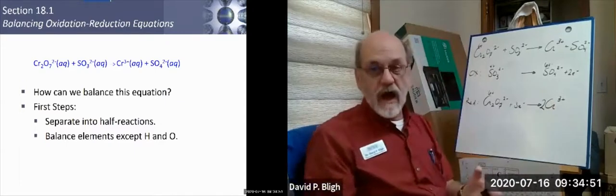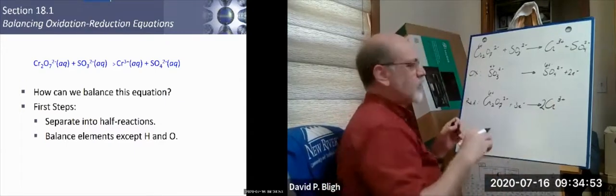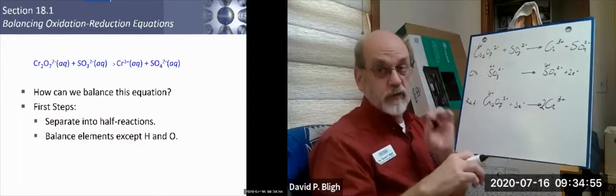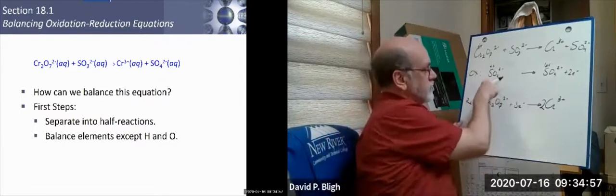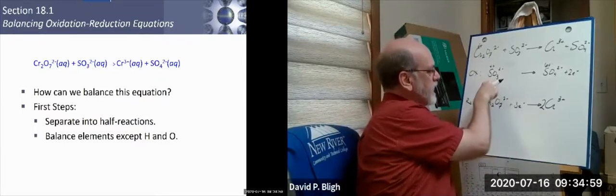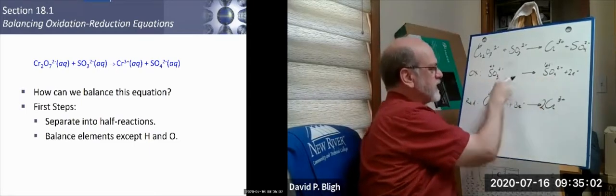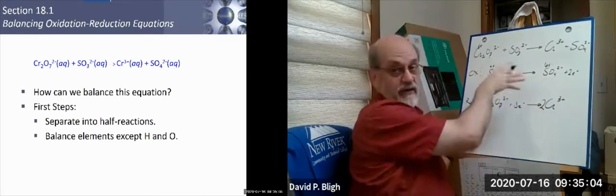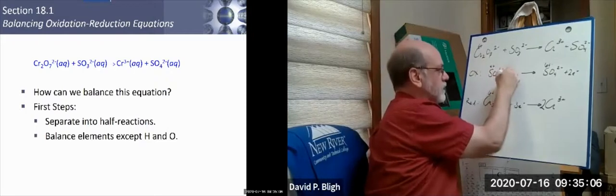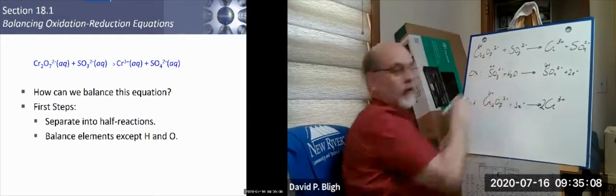Now we can go to the oxygens. So we balance oxygens first with water. So if we have 3 oxygens here and 4 there, that means we had to add an oxygen on this side in the form of water.